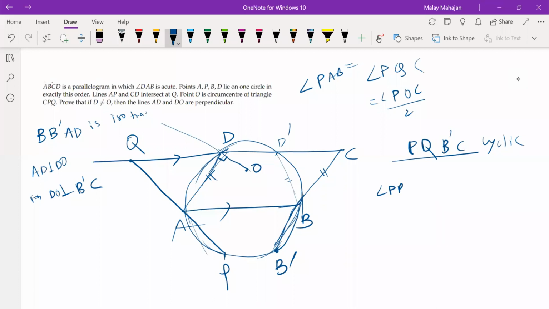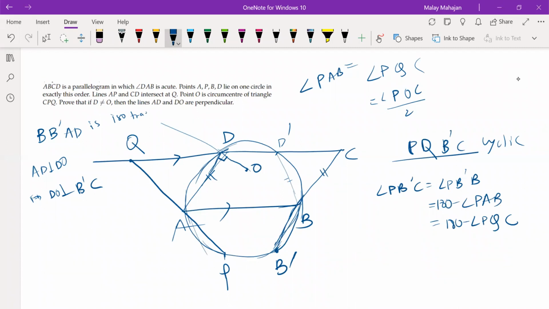I'll state the angle quickly. Angle PB dash C is PB dash B, which is 180 minus PAB, which is 180 minus PQC.